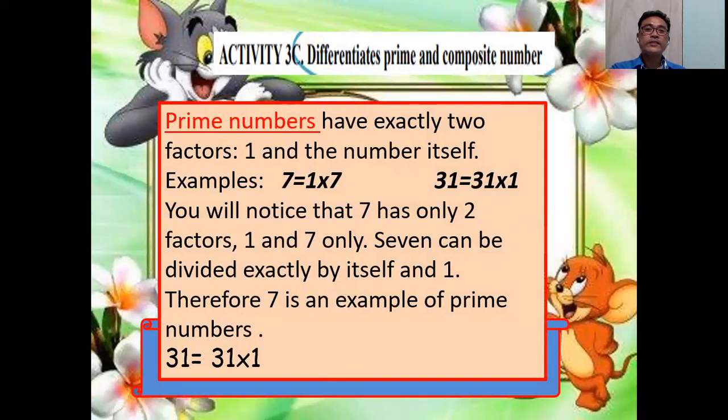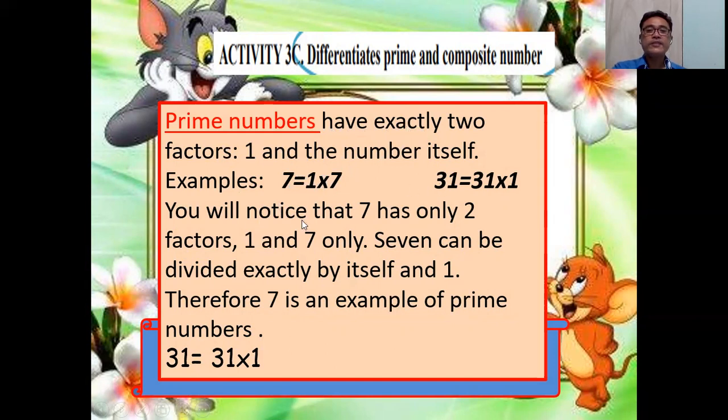Let's proceed to activity 3C. Differentiate prime and composite numbers. Prime numbers have exactly 2 factors, 1 and the number itself. Examples: 7 equals 1 times 7.